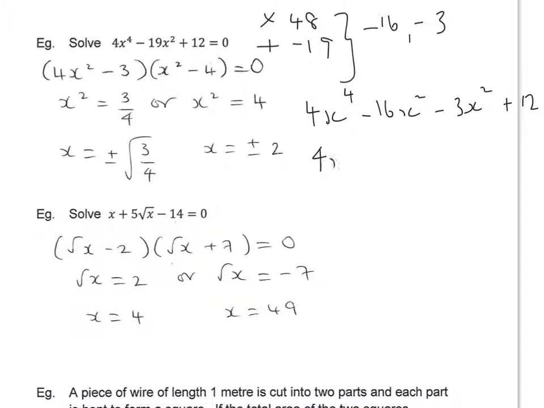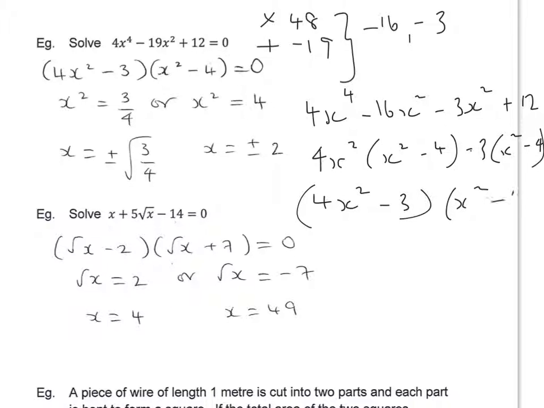And factorising out from the first pair, we can take out a 4x squared, which leaves me with just x squared minus 4. And from the second pair, we can take out a minus 3, which leaves me with x squared minus 4. So my two brackets then will be 4x squared minus 3 and x squared minus 4, which we have up here. Okay, so back to an equation now equal to 0.